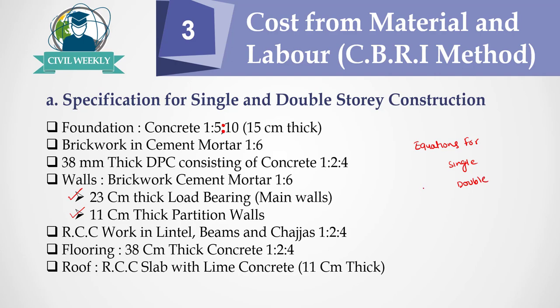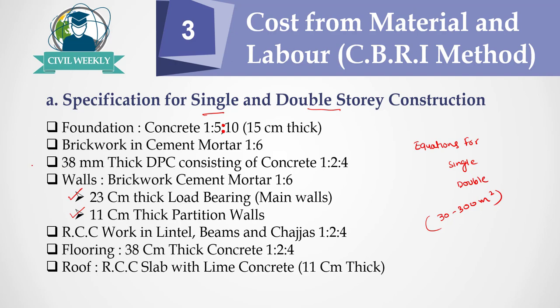So these equations will be applicable if you want to build a structure with a similar specification, in the range of 30 to 300 square meters, with a single or double story.